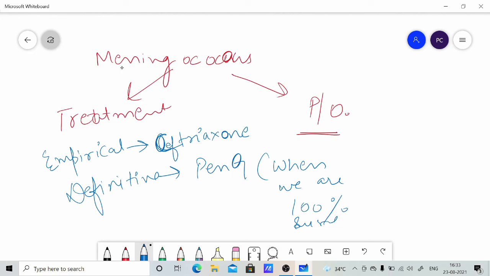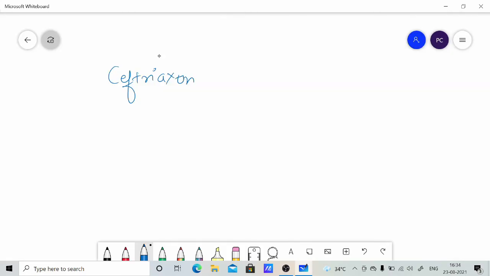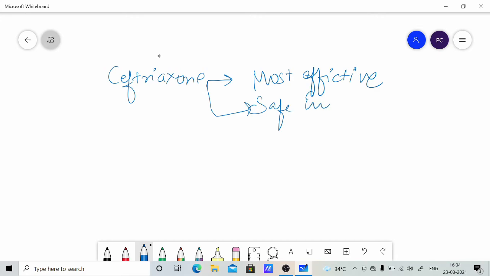For prophylaxis, we give three drugs: rifampicin, ceftriaxone, and ciprofloxacin. Ceftriaxone is the most effective drug against meningococcal infection, and it is also safe in pregnancy and for children also.